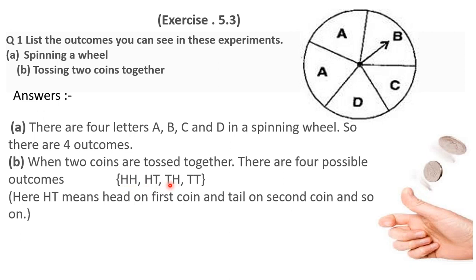First coin gives tail and second coin gives head, so it is TH. And the fourth outcome is the first coin gives tail and the second coin again gives tail, so it is TT. So we have HH, HT, TH and TT, which are 4 outcomes when 2 coins are tossed together.